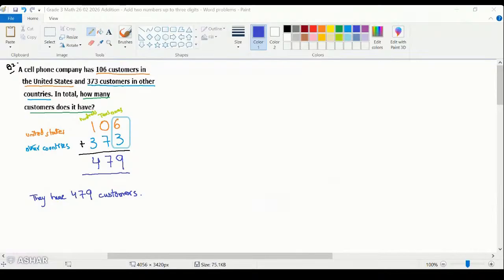For the next question, it says the Hampton Public School Library had this number of books and they received a donation.